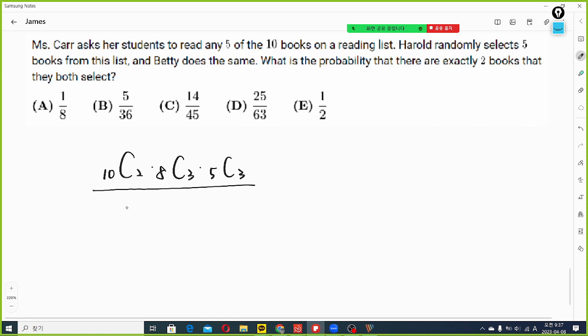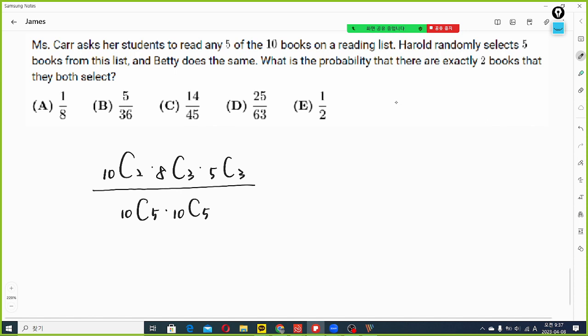Harold selects 5 books from the 10 books, and Betty does the same, so Betty also has 5 choices. So when we calculate this, we'll find the probability.